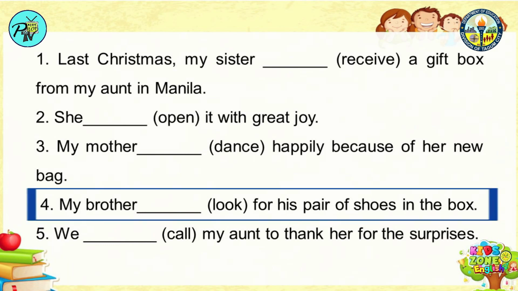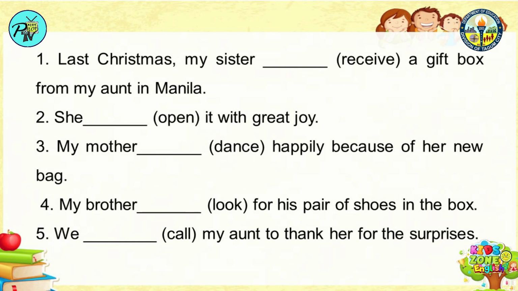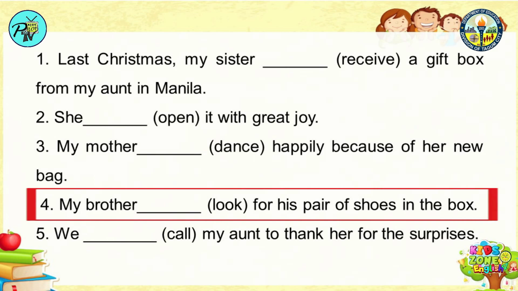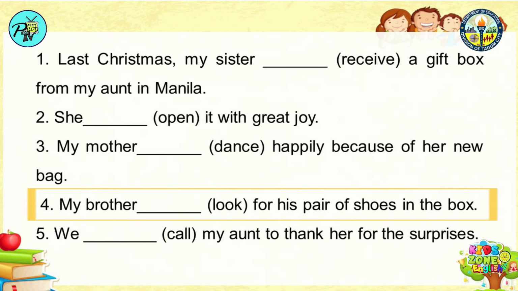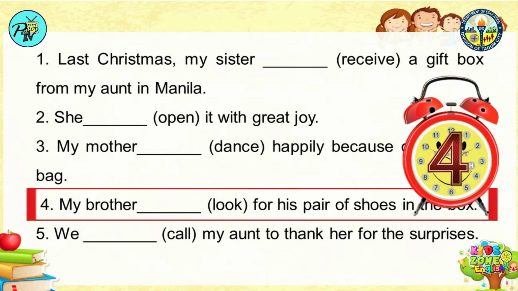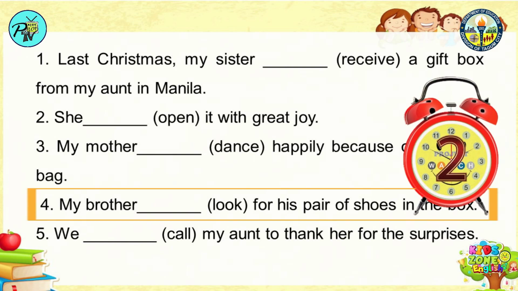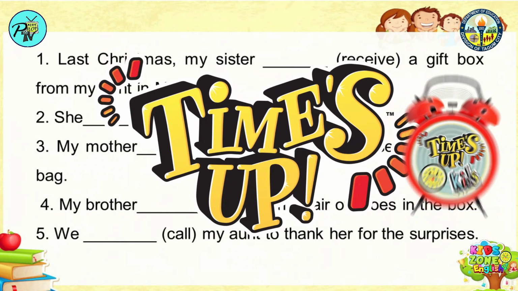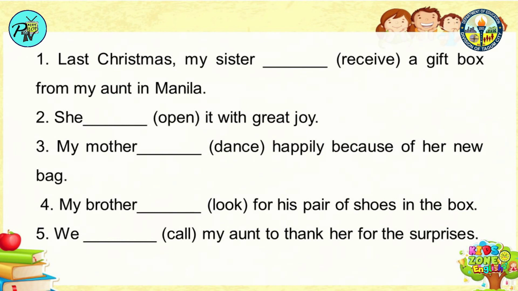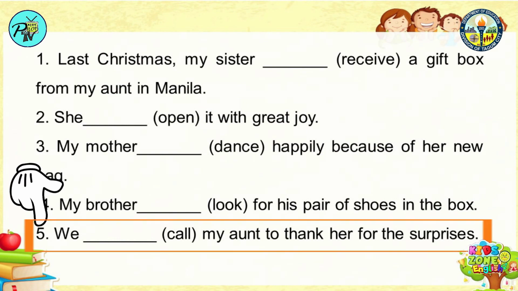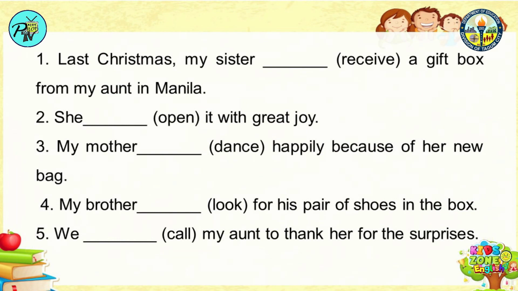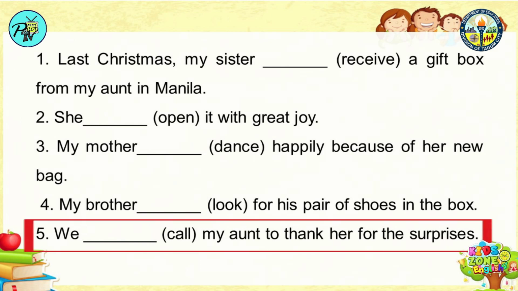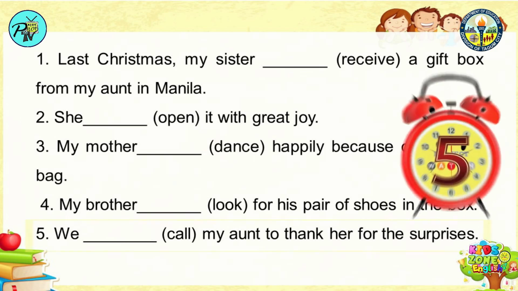My brother blank looked for his pair of shoes in the box. Your timer starts now. Time is up. Let's proceed to number 5. We blank call my aunt to thank her for the surprises. Your timer starts now.